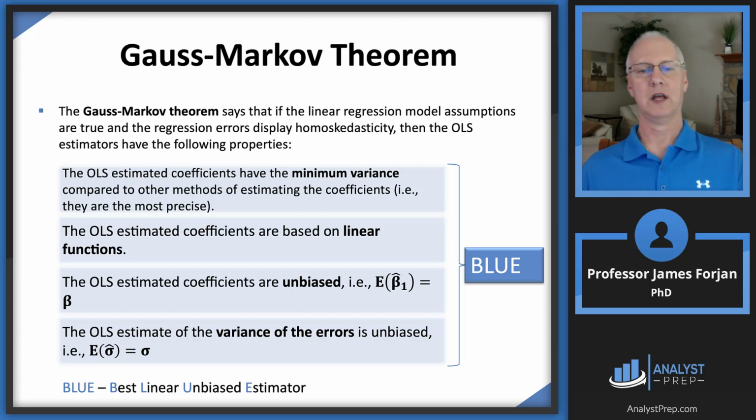There's the L. It means that they're going to be unbiased, and look at that third blue box there, the expected value of beta hat 1 is going to be equal to the true value of beta. That means it's unbiased. And then the estimate of the variability, in this case the variance of the errors, is unbiased. So BLUE: the best linear unbiased estimator.